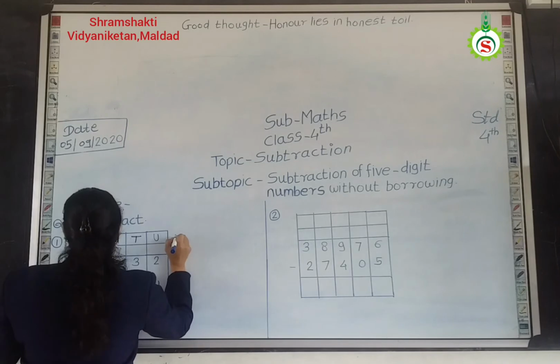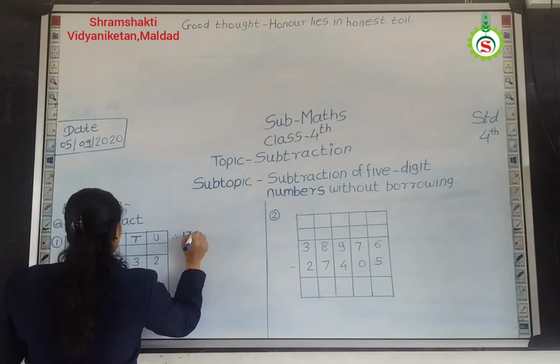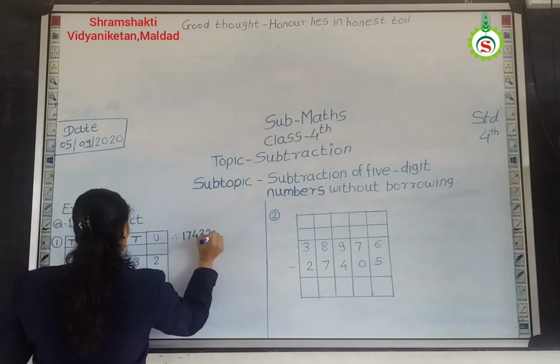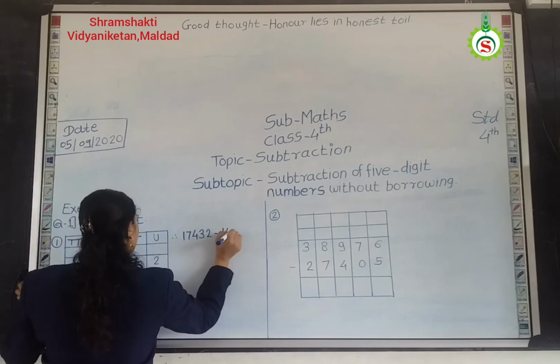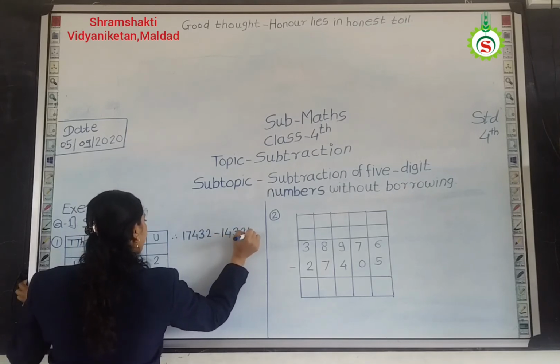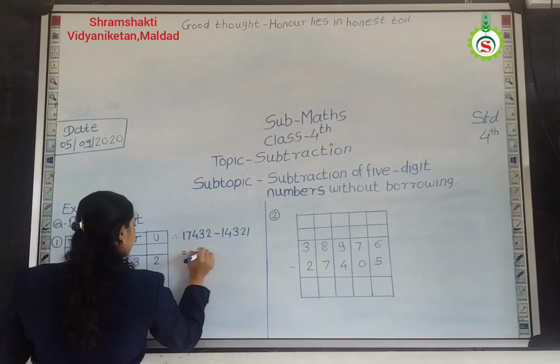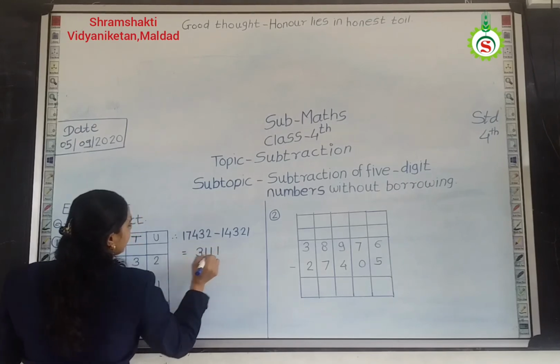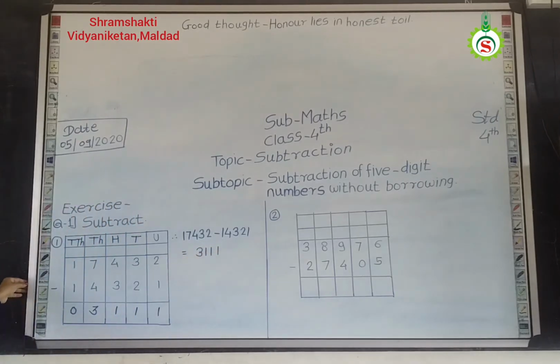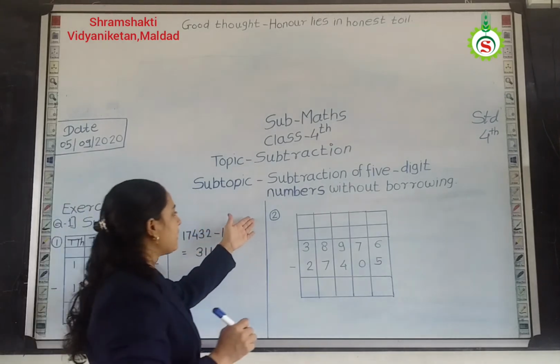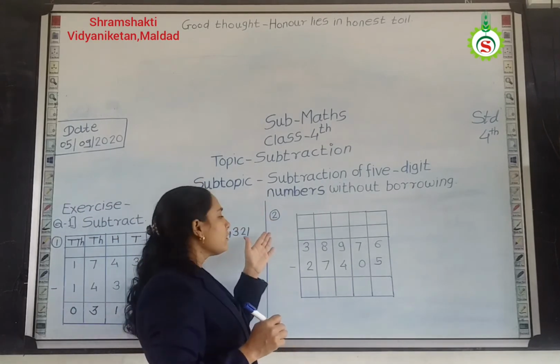Therefore our answer is 17,432 minus 14,321 is equal to 3,111. Do you understand? Now see, next example, example number 2.